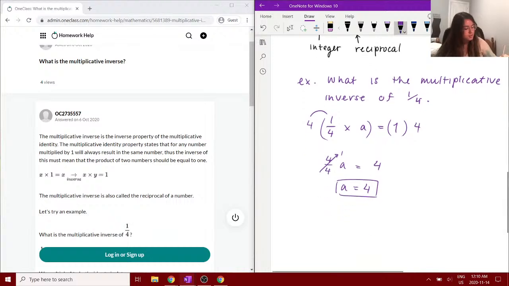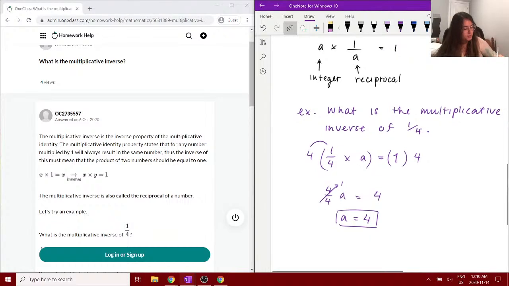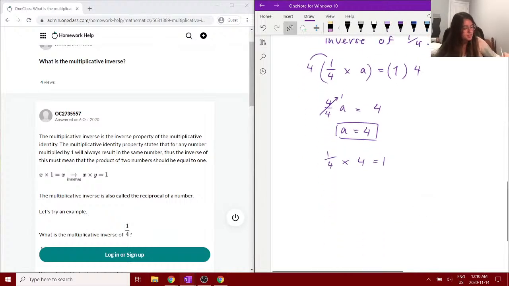And if we write it in the full form up here, we have 1 over 4 times 4 is equal to 1. Okay, and we know that that makes sense. So this is our integer from the question, and this is the reciprocal. I'm going to call it reciprocal or multiplicative inverse. Am I spelling that right? I think so.